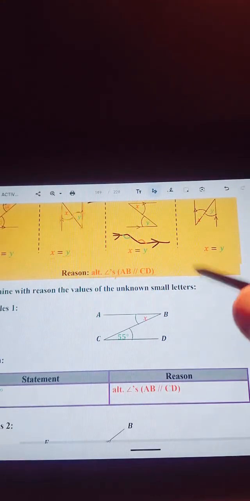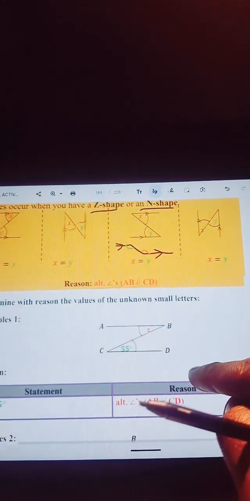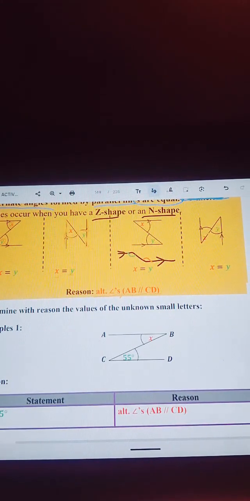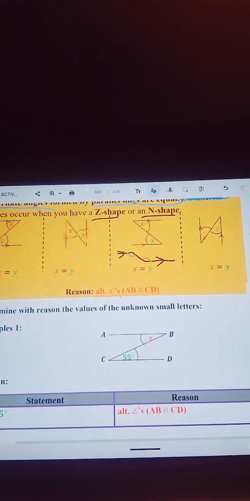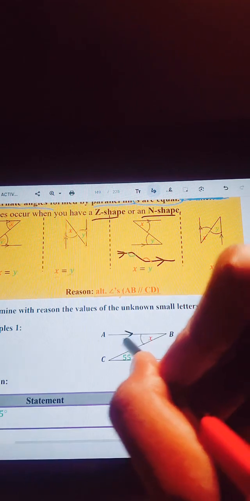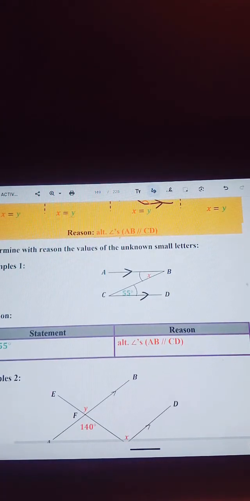So if we look at the example now that's before you. Determine the reason and the values of the unknown small letters. So example 1 here, AB and CD don't have lines that are parallel. So of course, the whole thing of x being equal to y will only apply if the lines are parallel.